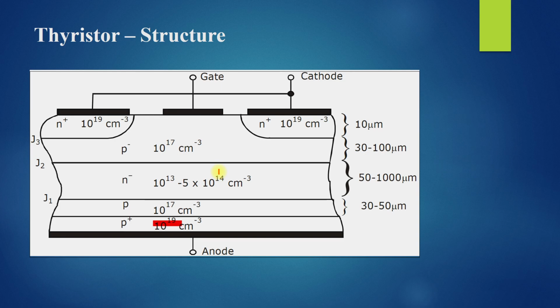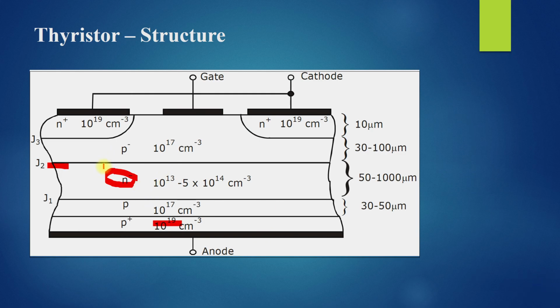So when the thyristor is in forward blocking state, junction J1 and junction J3 are both forward biased, whereas junction J2 is reverse biased. As layer N1 is lightly doped around the junction J2, the depletion region of J2 extends mainly into the N layer.